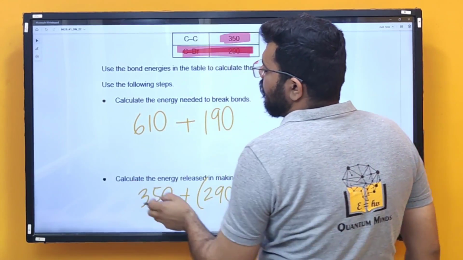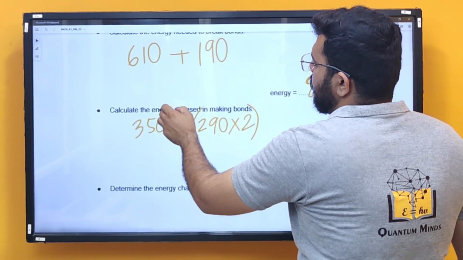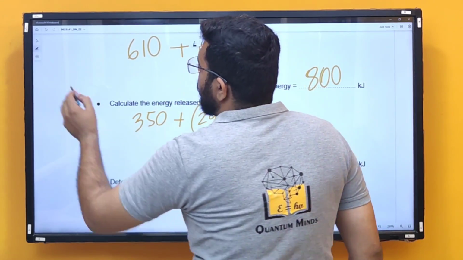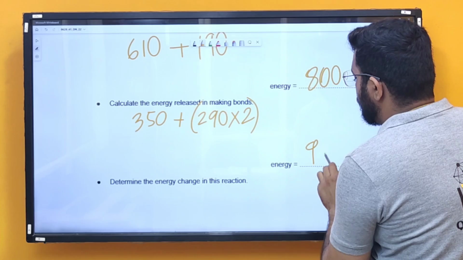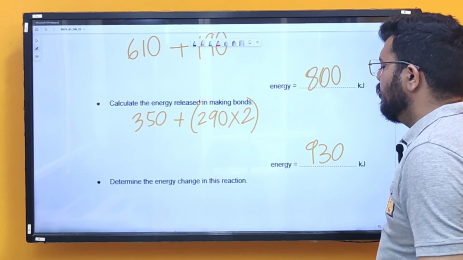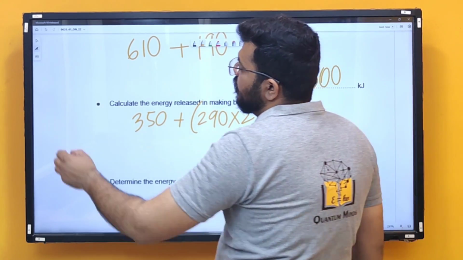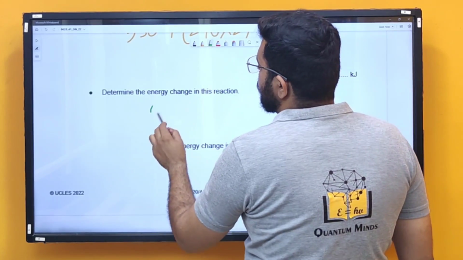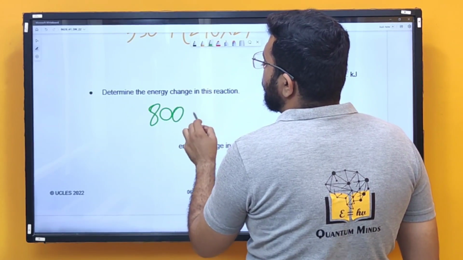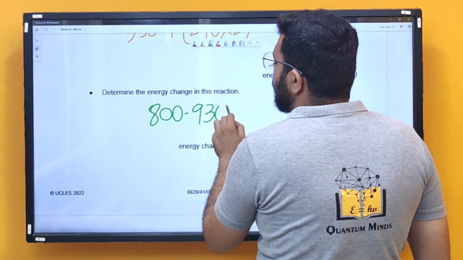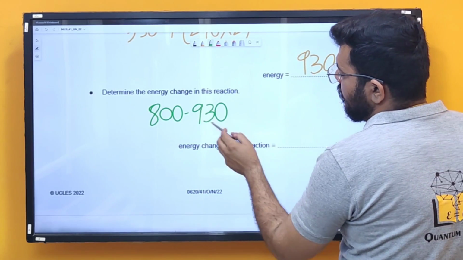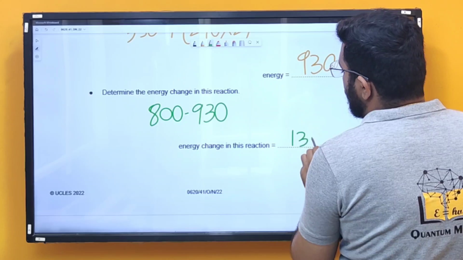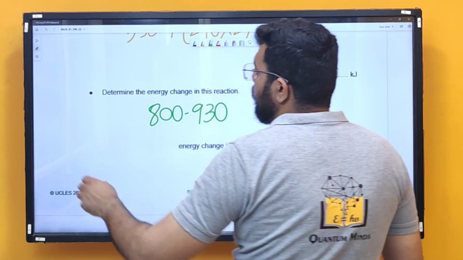So 930 kilojoules of energy is released when bonds are made. Determine the energy change. The energy change is 800 minus 930, which gives me negative 130 kilojoules per mole.